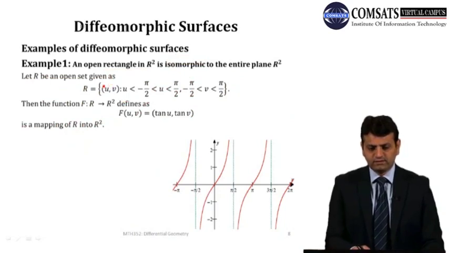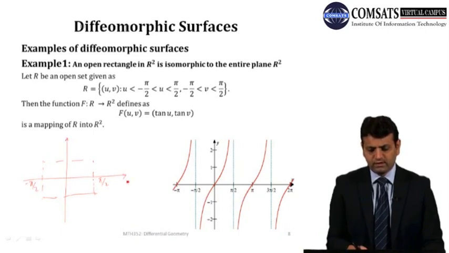Consider this open set R, which is given as -π/2 to π/2 along the u axis, और हम axes के नाम दे रहे हैं u and v, and along the v axis this is also -π/2 to π/2.